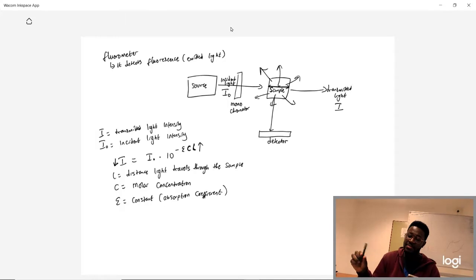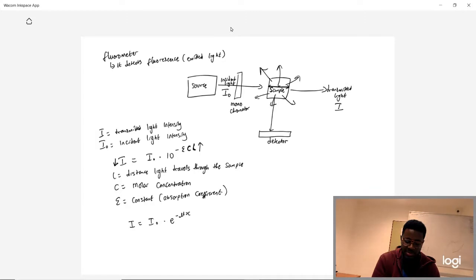Okay, so don't forget, you can also write it as I is equal to I0 times e raised to the power minus some factor times x.